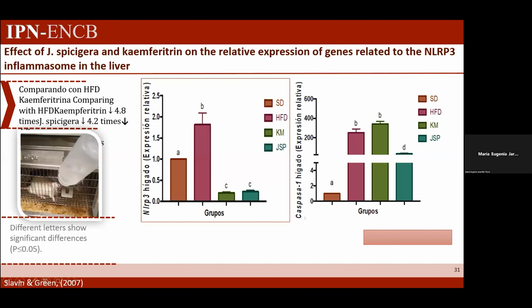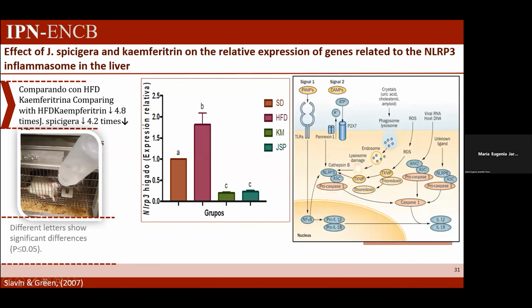And in the case of caspase-1, you can see that the Justicia spicigera plant reduces in an important way the caspase-1 that is related to the activation of the pro-inflammatory signals.